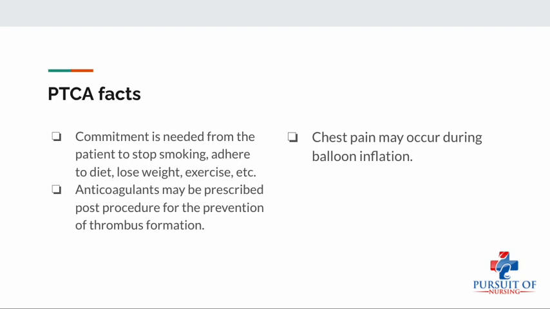So just some facts that you'll need to know on the NCLEX about the PTCA procedure. Lifestyle modifications are needed afterwards. It's not permanent, so reocclusion may occur. So the patient really needs to understand the importance of stopping smoking, adhering to a healthy diet, losing weight, and exercising in order to prevent occlusion from happening again in the future.